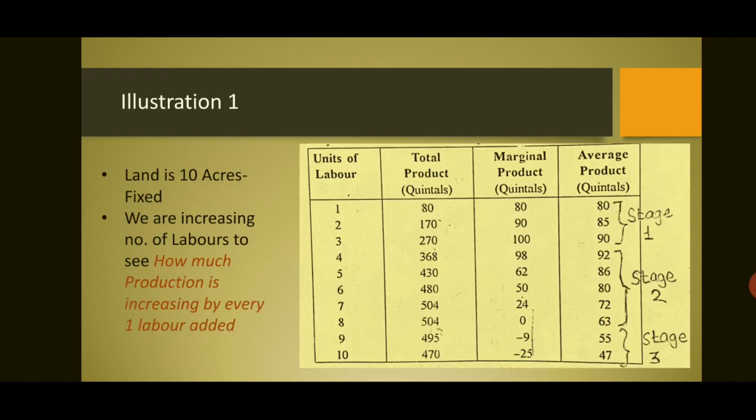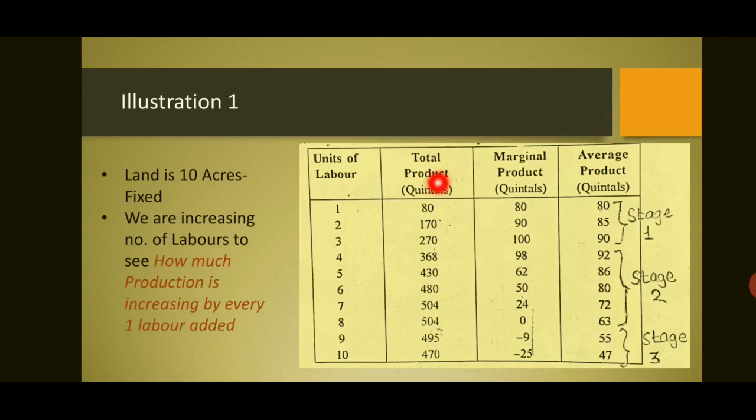We have understood in production function that our output is depending upon our input. So here we are going to see how much output is increasing by every one labor added. Okay, so unit of labor is the first column, then total production we have produced, then marginal product and average product. All figures are in quintals.